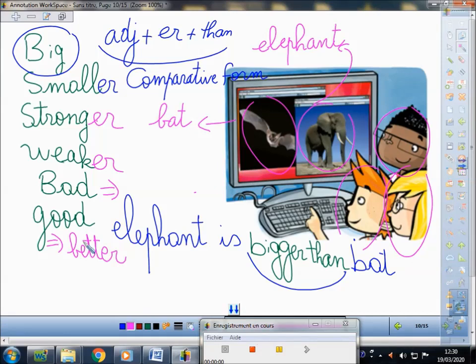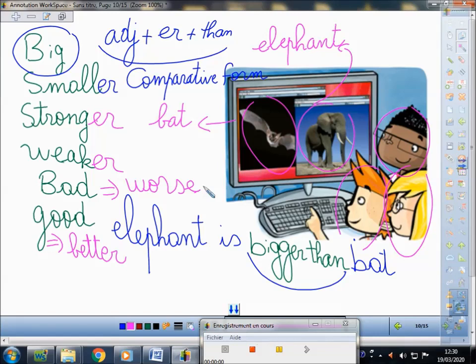Strong, stronger. Good, better. Bad, worse. Okay? This is the comparative adjectives, and these are the comparative forms of these adjectives.